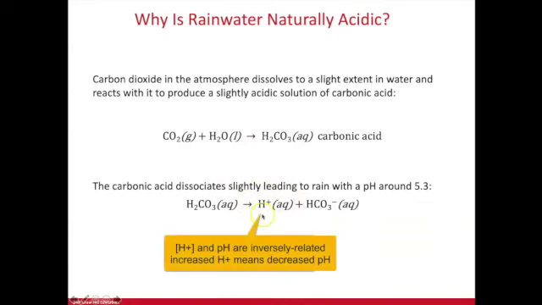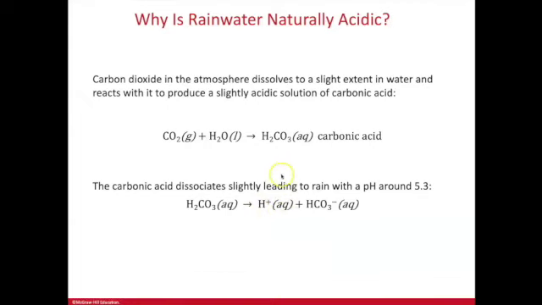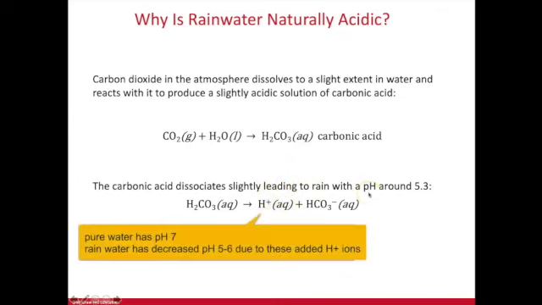So the increase in hydrogen ion means that there's a decrease in pH. Remember, it's an inverse relationship between hydrogen ion concentration and pH. So this will decrease the natural pH of water, which is 7, and this brings the pH of rain naturally down to somewhere between 5 and 6.